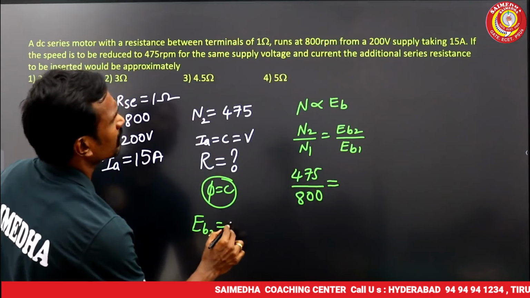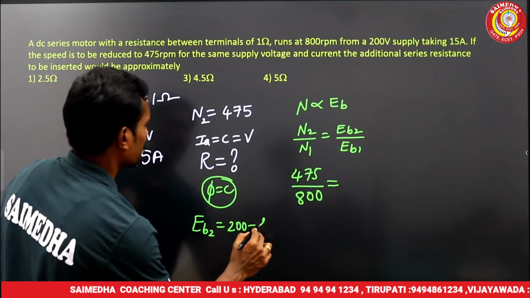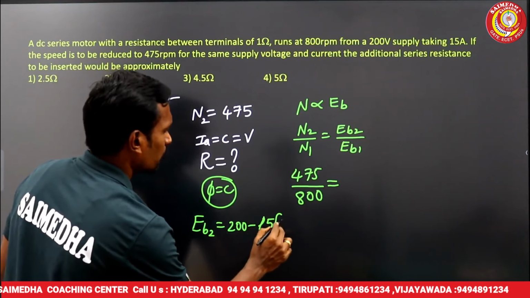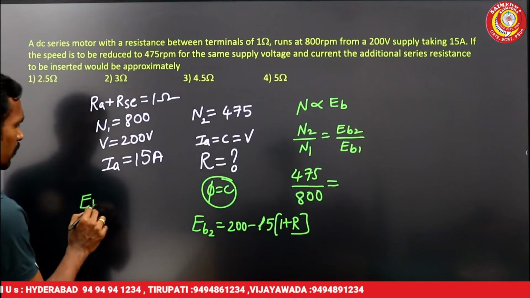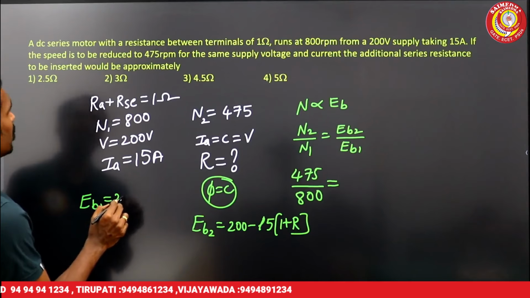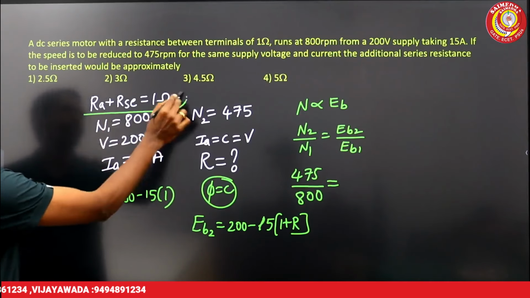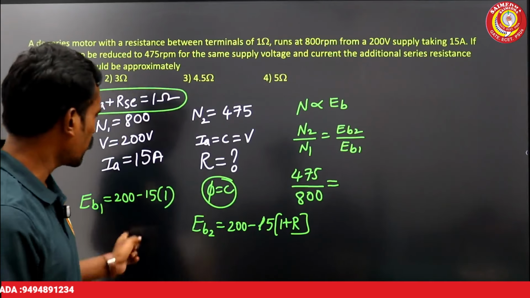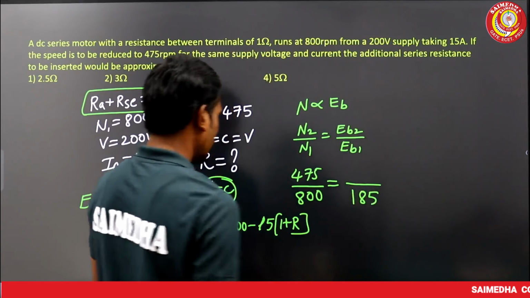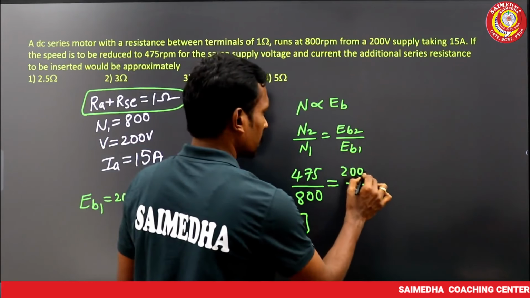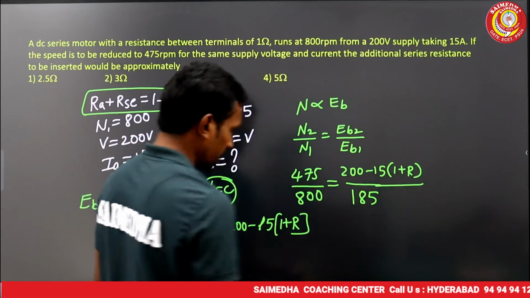It is V minus IA, which is 15, IA into R plus extra resistance. What is EB1? EB1 is equal to V minus IA into R, R nothing but RA plus RSC they given. 200 minus 15 into 1 is 185. This is 200 minus 15 into 1 plus R. We need to calculate R.